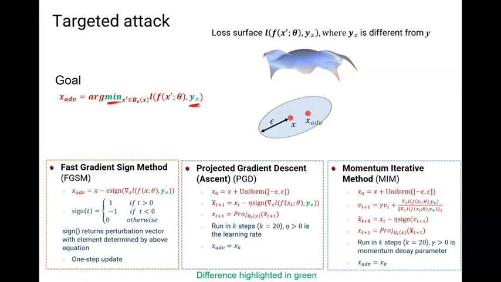The change of this goal will change your pseudocode as well, because this time we are not moving away from the ground truth label. We are targeting one particular wrong label. We don't want to move away from this wrong label, we want to move closer to this wrong label.